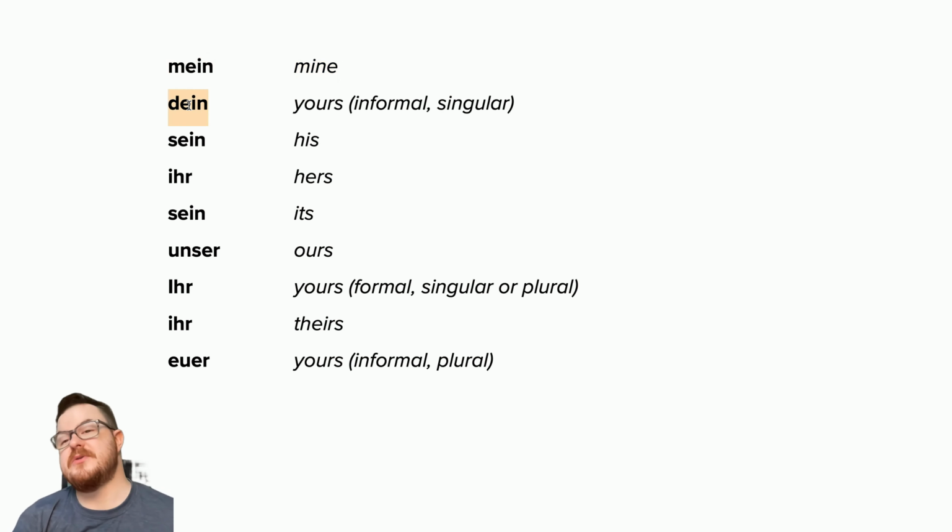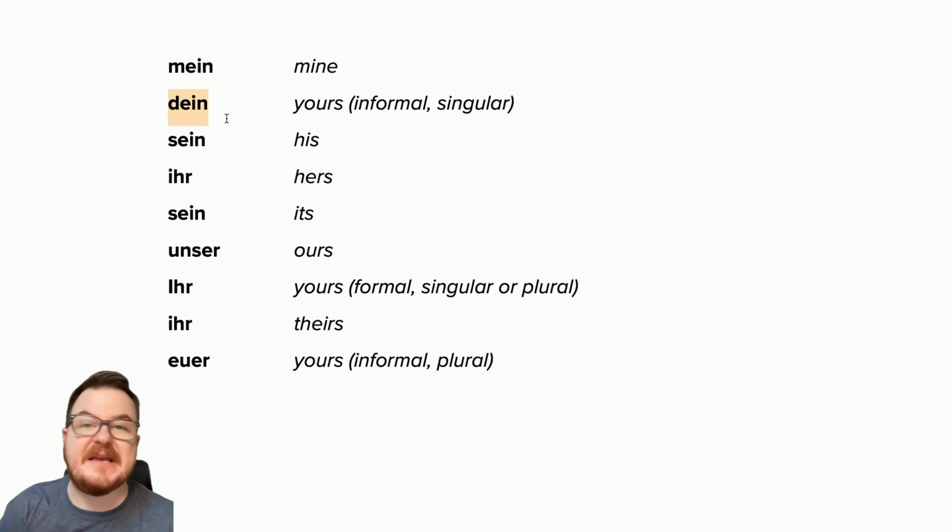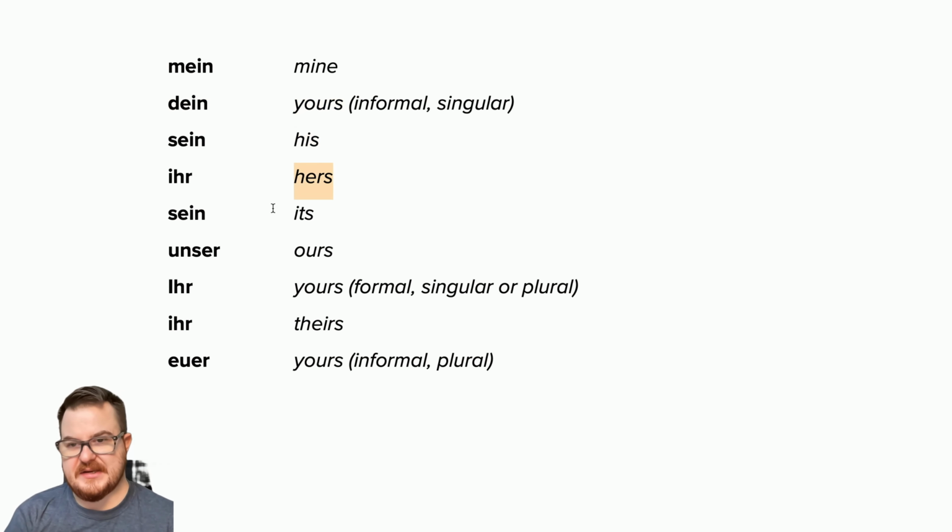Of course, you should bear in mind that we're going to have to put different endings on them depending on the case and the gender of the thing that we're replacing.